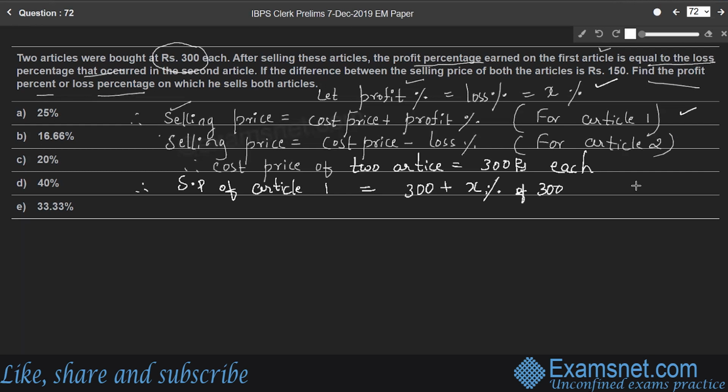So in the formula, we can write cost price plus profit percentage of cost price, loss percentage of cost price, is equal to 300 plus X percentage, meaning X by 100 into 300, which is 300 plus 3x. Consider this as equation 1.